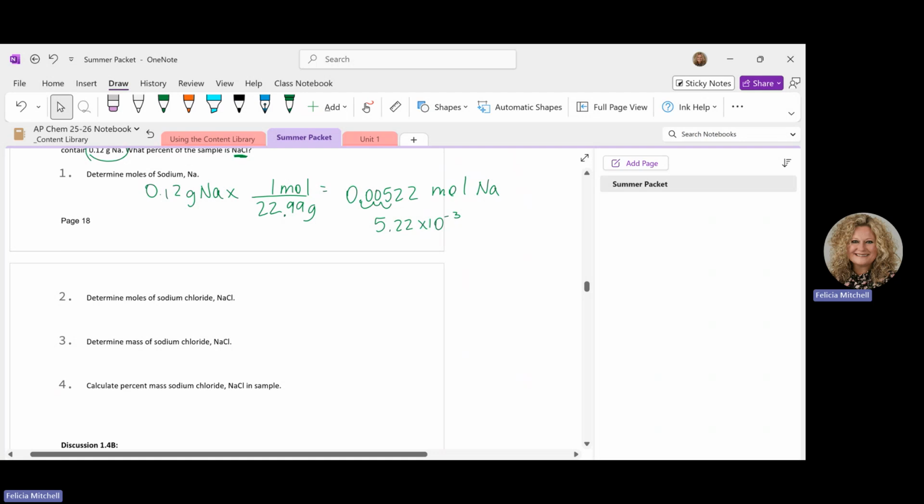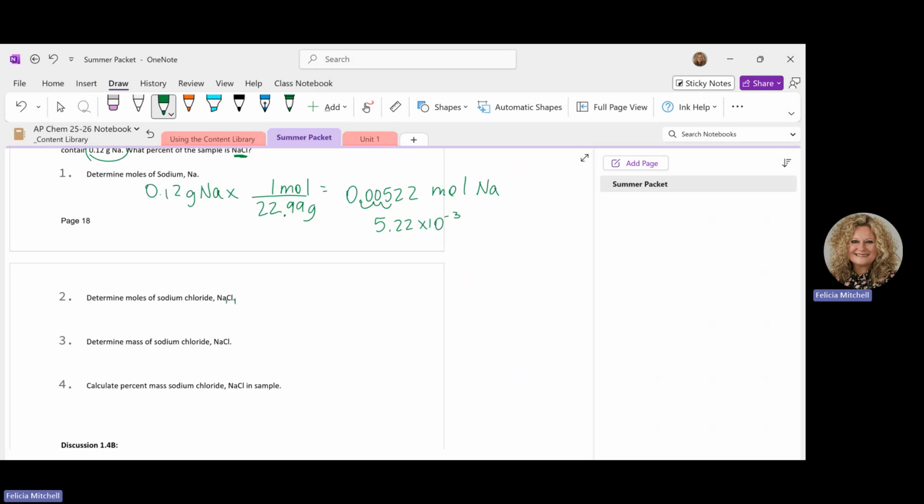Now, so if I know that's how much sodium I have, well, how much sodium chloride did I have? Remember that idea of me telling you that it would be a 1-to-1 ratio? Like if you have 2 moles of NaCl, there's 2 moles of Na in that. If you have 2 moles of NaCl, then there are 2 moles of Cl. They're in a 1-to-1 ratio with each other, with the whole compound, because there's a subscript of 1.